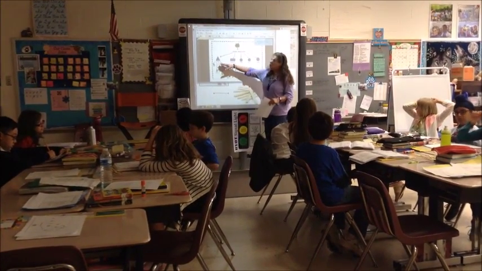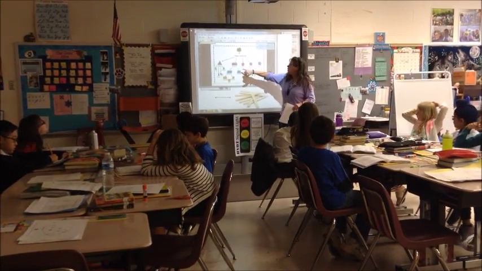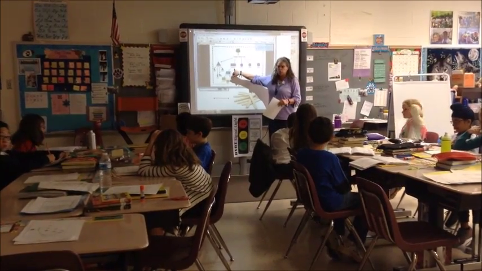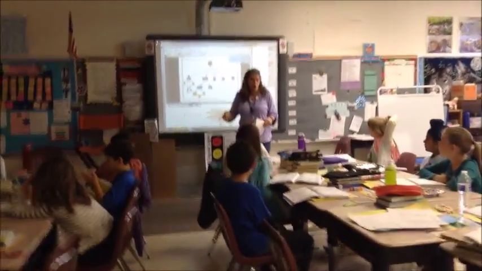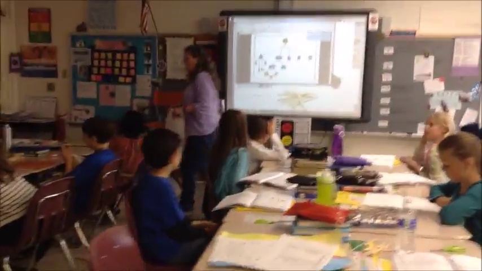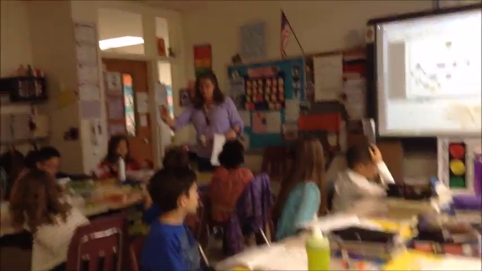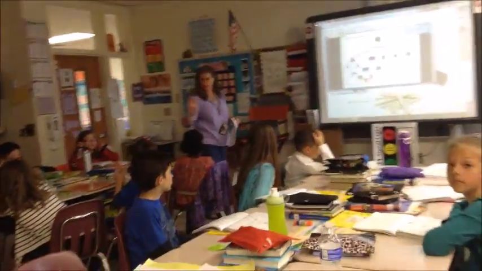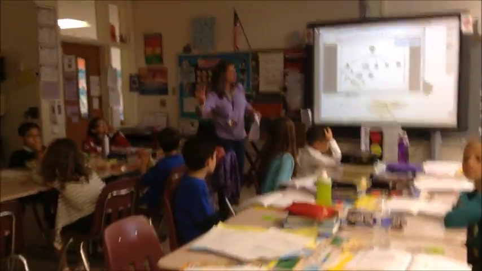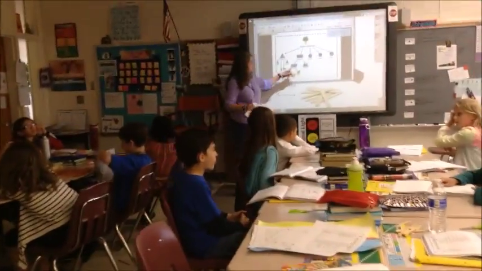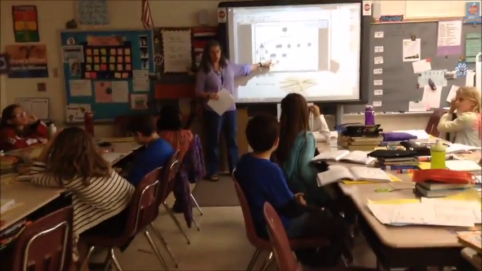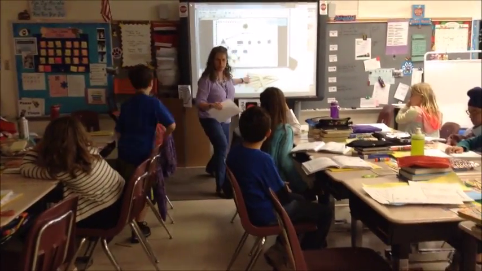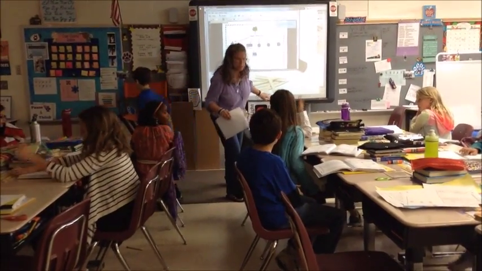So then, let's go back up, and Eden, we have a quadrilateral. Quad means 4. So it has how many sides, Nick? 4 sides. So below that, we have a parallelogram. Haley, can we say parallelogram?